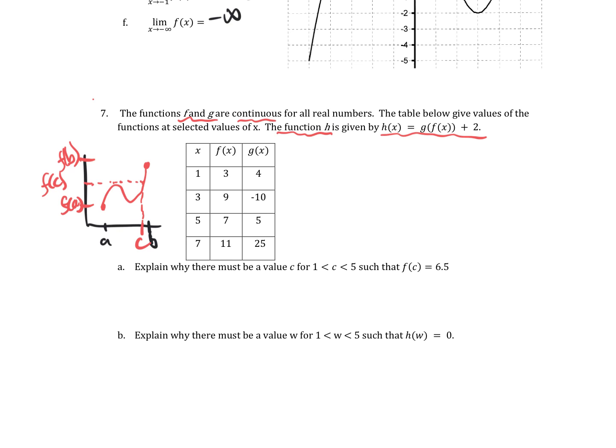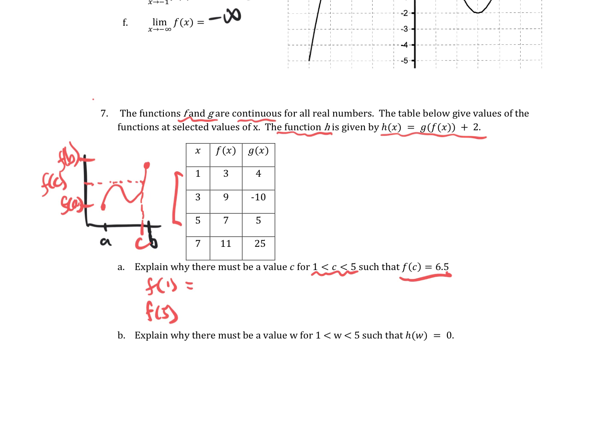First, we're going to explain why there must be a value c between 1 and 5 such that f of c is 6.5. How can you be certain of that? Well, notice the boundary points are 1 and 5, so we need to find f of 1 and f of 5.